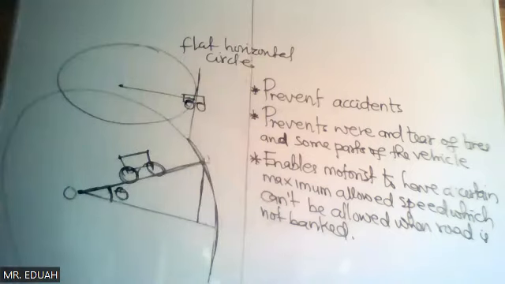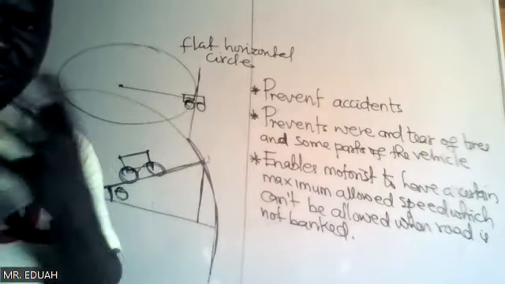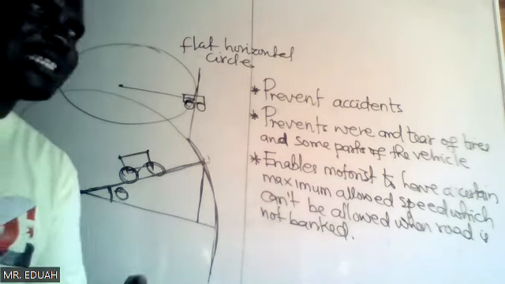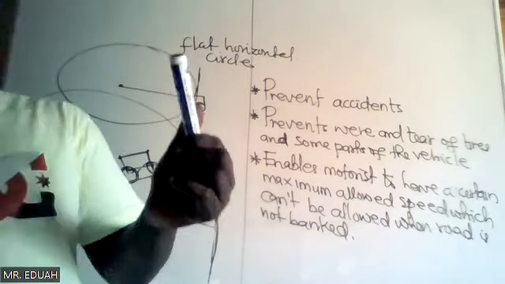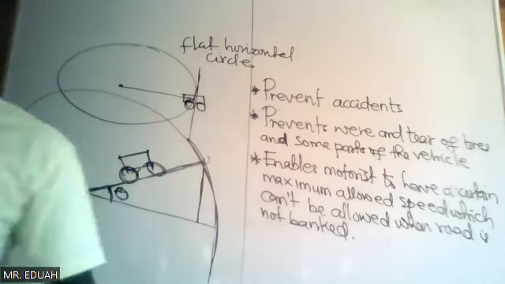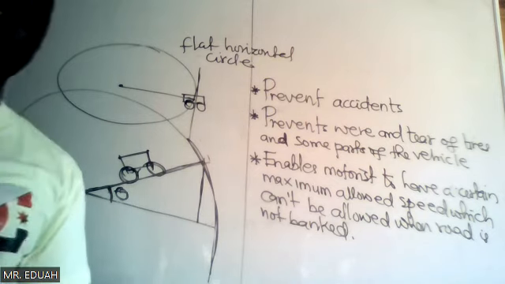So banking of road is actually an engineering architecture, okay? And it is usually found where roads are curvy. So whenever you are traveling, driving on the road, be opening your eyes to areas of banked roads.